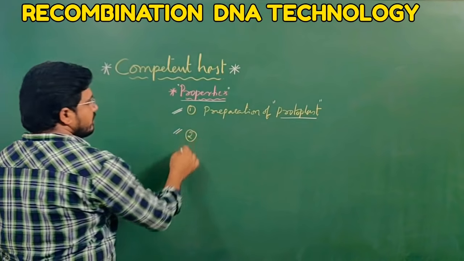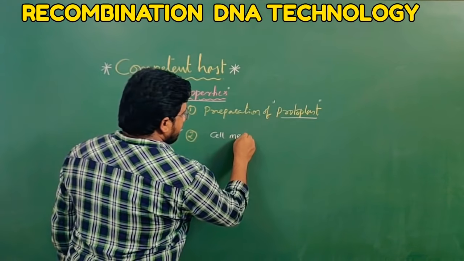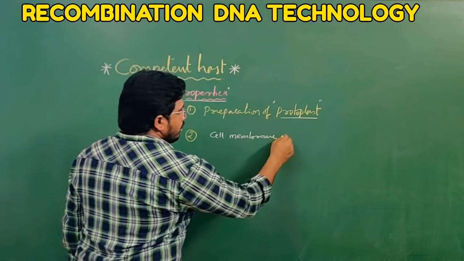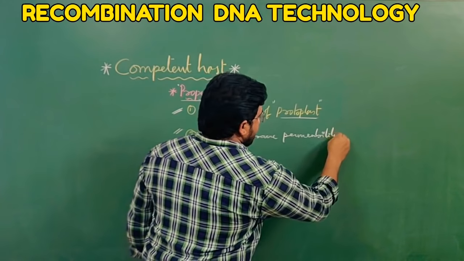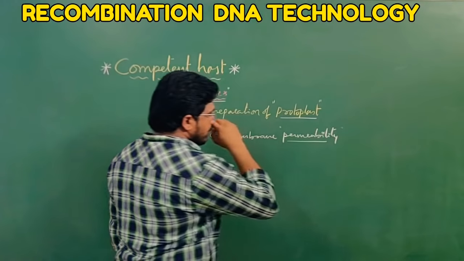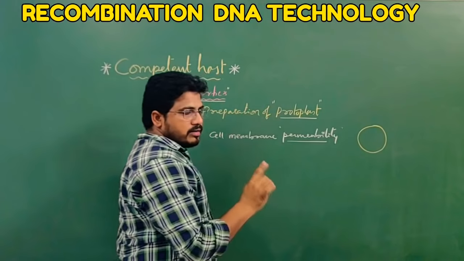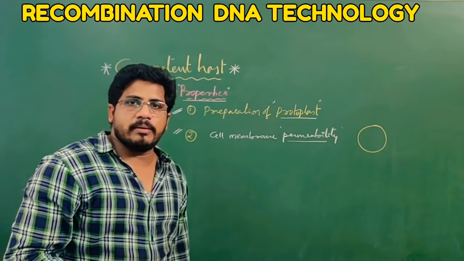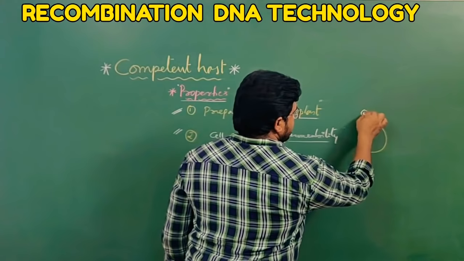Number 2. Second thing, once the protoplast has been given, then cell membrane permeability. What is permeability? Now there is no cell wall. Every host has a plasma membrane in the stage of protoplast. Here the vector is present.